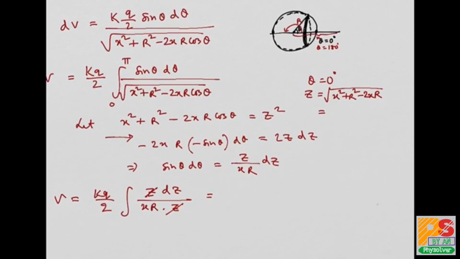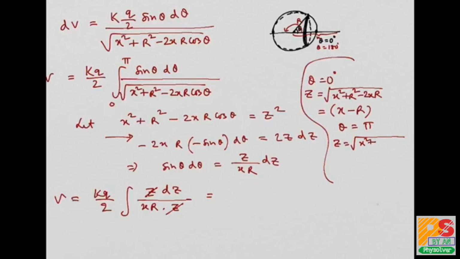So I can say this is x minus r, not r minus x. And when theta equals pi, z equals root over x square plus r square plus 2xr, so this is x plus r. Therefore the lower limit will be x minus r and the upper limit is x plus r.